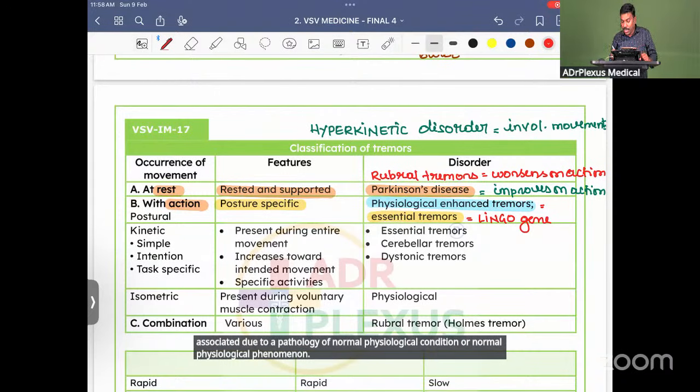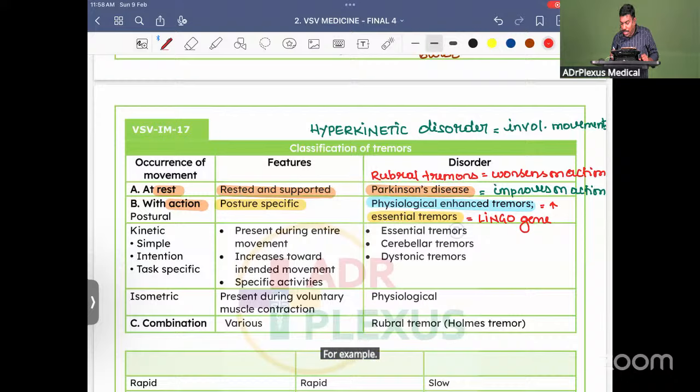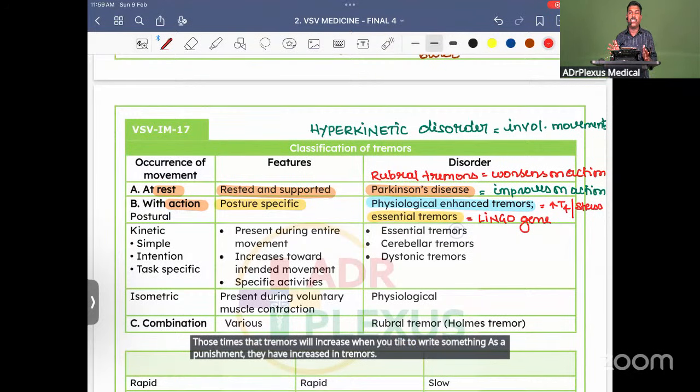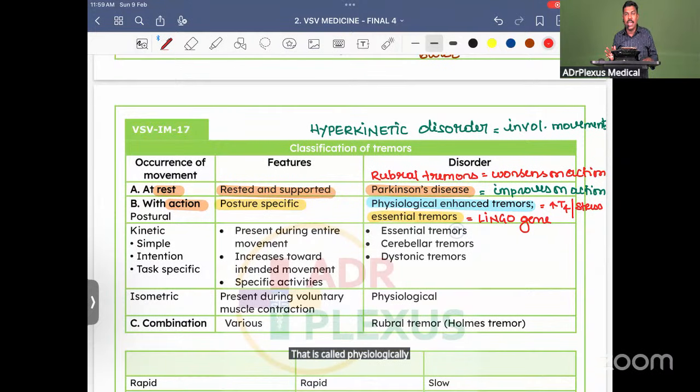For example, hyperthyroidism. Whenever the patient is in stress, those times the tremors will increase. When you tell them to write something as a punishment, they have an increase in tremors. That is called physiologically enhanced tremors. Essential tremors is from childhood they will have tremors.